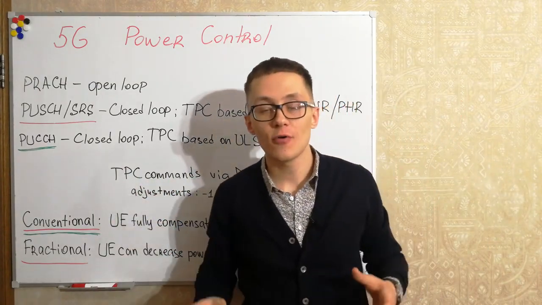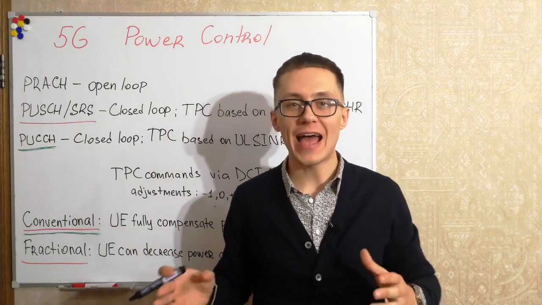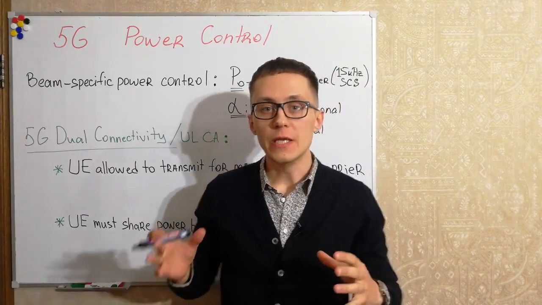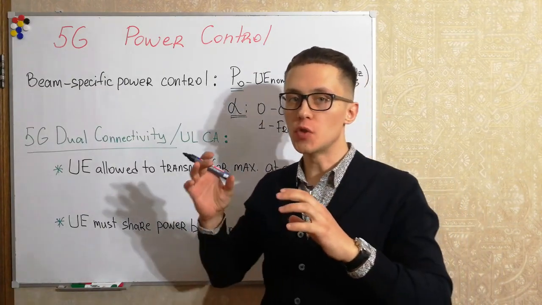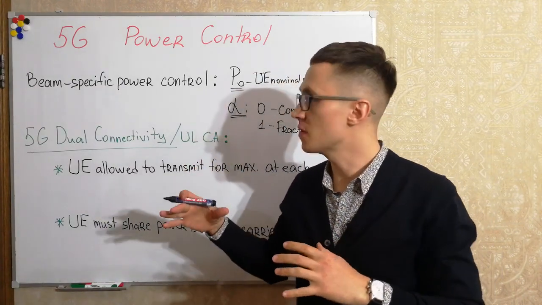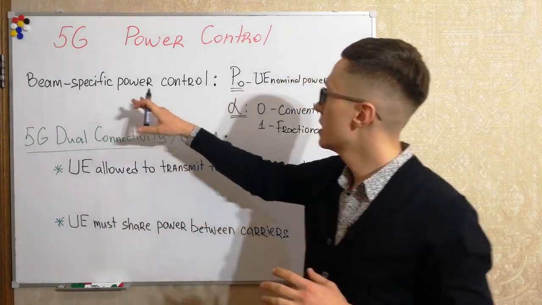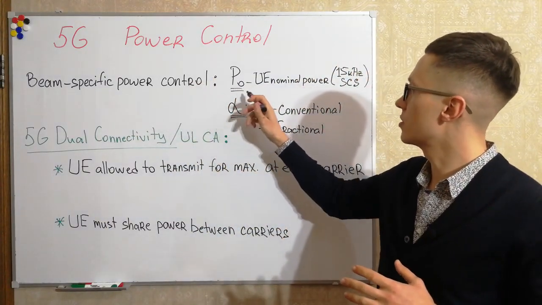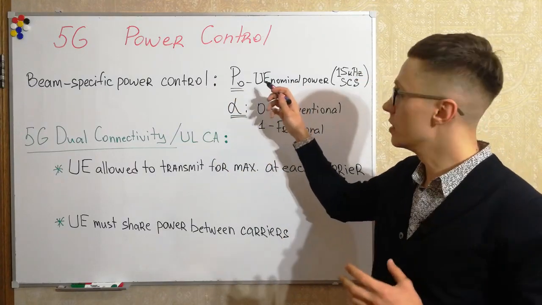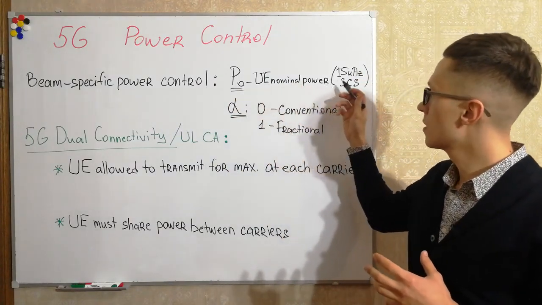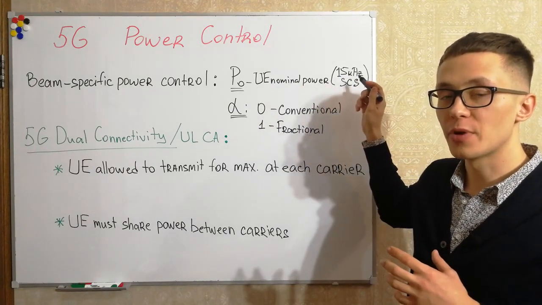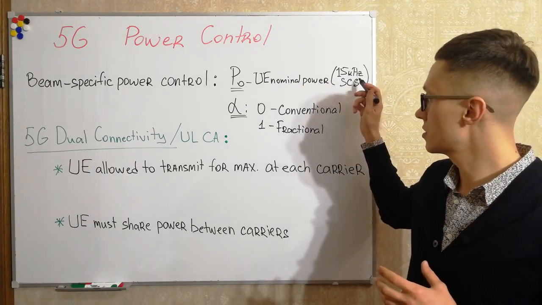And right now let's talk about other aspects in 5G networks. As I mentioned before, in 5G it's possible to have beam-specific power settings. It is basically the P0 parameter. It is UE nominal power. It refers to power for a subcarrier spacing of 15 kHz.